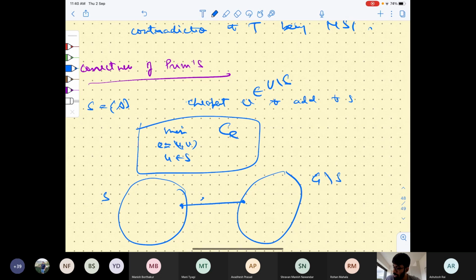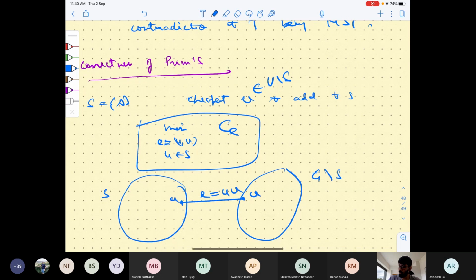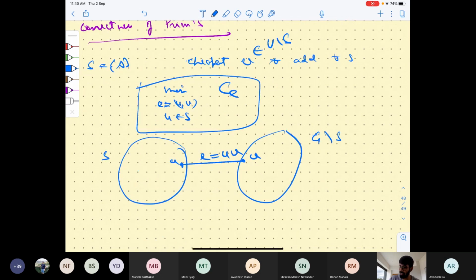So you get that edge E of the form UV. Clearly this edge is between S and V minus S by definition, and it is the cheapest edge, because this is the only time we encounter this S and this G minus S and find the cheapest edge. It's not that some cheaper edge can be selected, because this S can be encountered only once in the algorithm, and hence this uniquely determines the edge, and that edge is added.